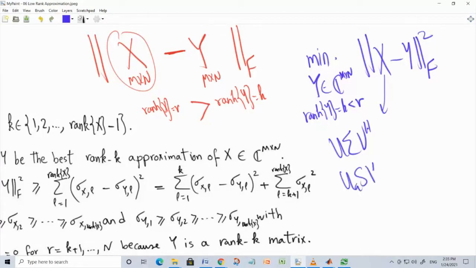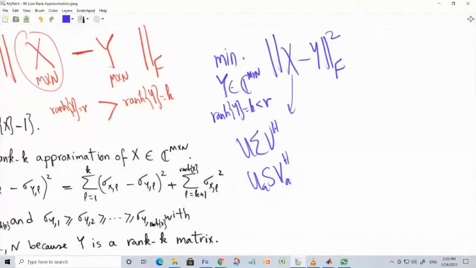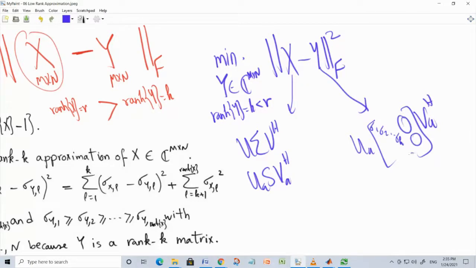And so basically matrix Y is the same as matrix X, except that in the middle, you put the largest K singular values of matrix X, so sigma 1, sigma 2 up to sigma K, and then zeros.